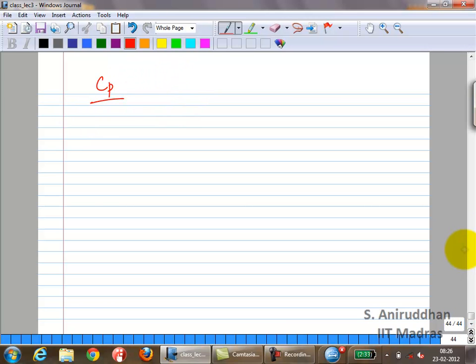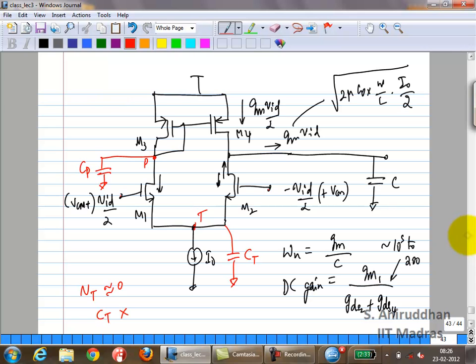What is the approximate position? Can you write down the transfer function, at least the poles, by looking at the picture? Where is the output pole going to be?